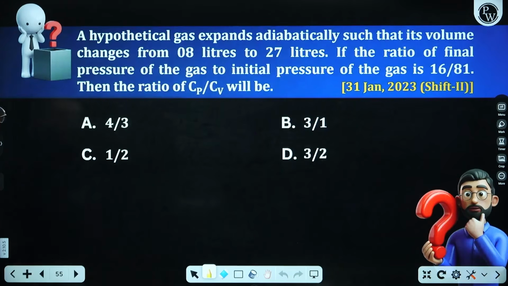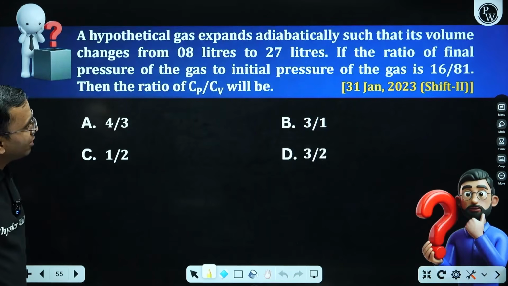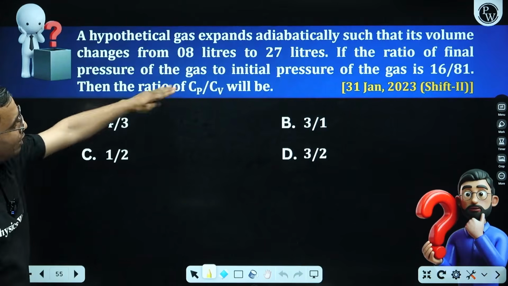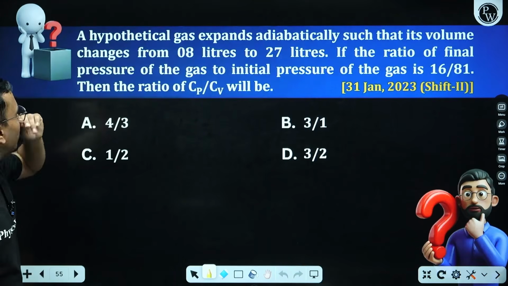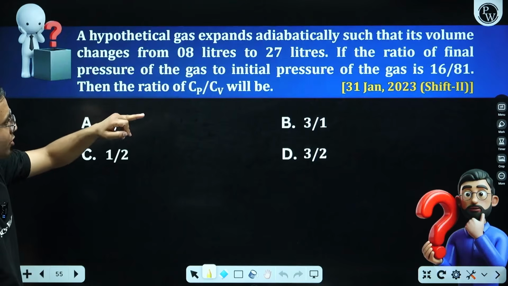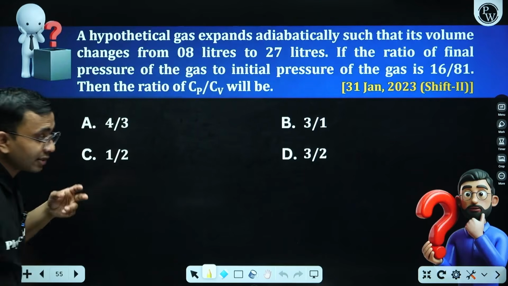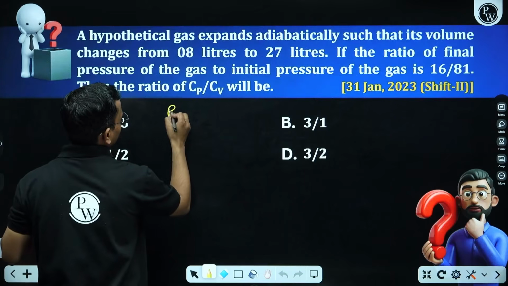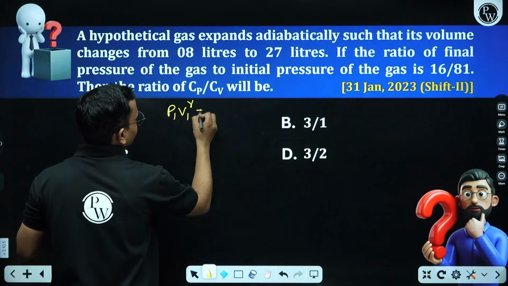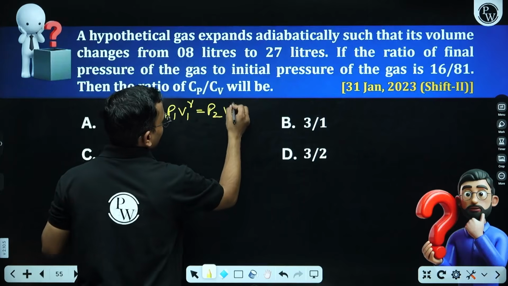Okay. A hypothetical gas expands adiabatically such that its volume changes from 8 liters to 27 liters. If the ratio of the final pressure of the gas to the initial pressure of the gas is 16 by 81, the ratio of Cp by Cv, meaning gamma, is asked. So PV to the power gamma is constant. We know P1 V1 to the power gamma is equal to P2 V2 to the power gamma.